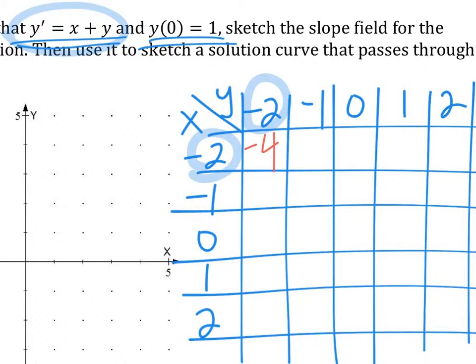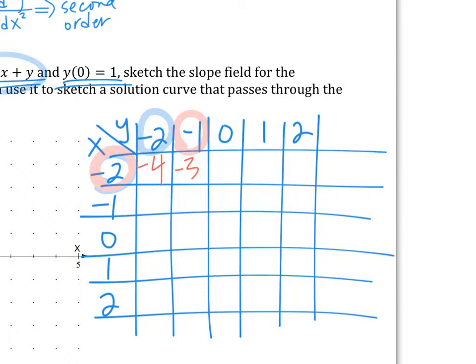Okay, what is the slope at -2, -1? -3. So my equation tells me I'm just going to add them together. Okay, do you guys think you can fill out the chart? Yes. Okay, go ahead and fill out the chart really quickly. We're going to graph this slope field. Okay, so did you guys all write down the values?